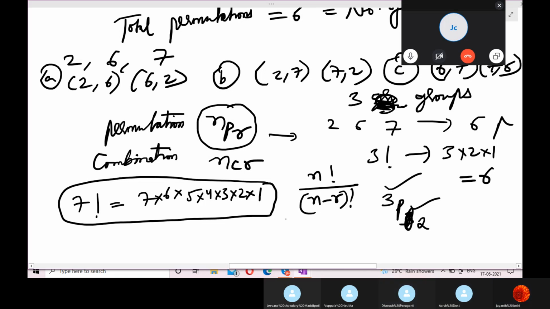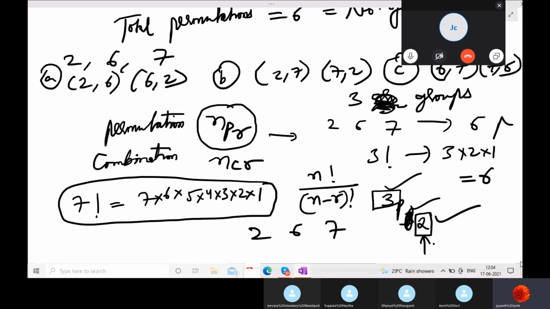So how many arrangements am I making? 3 factorial by 3 minus 2. Out of 3 numbers, 2, 6, 7, how many digit numbers do I need to make? Two digit numbers, correct?